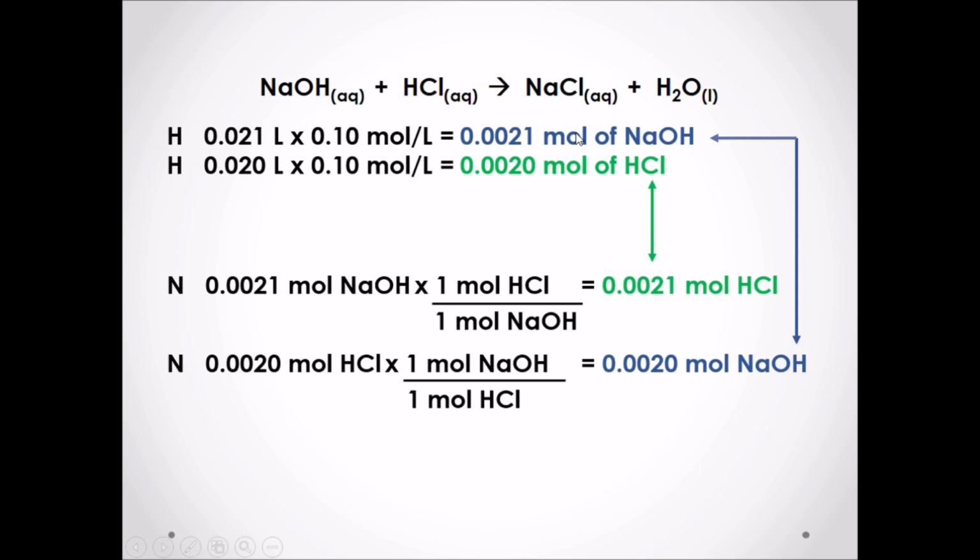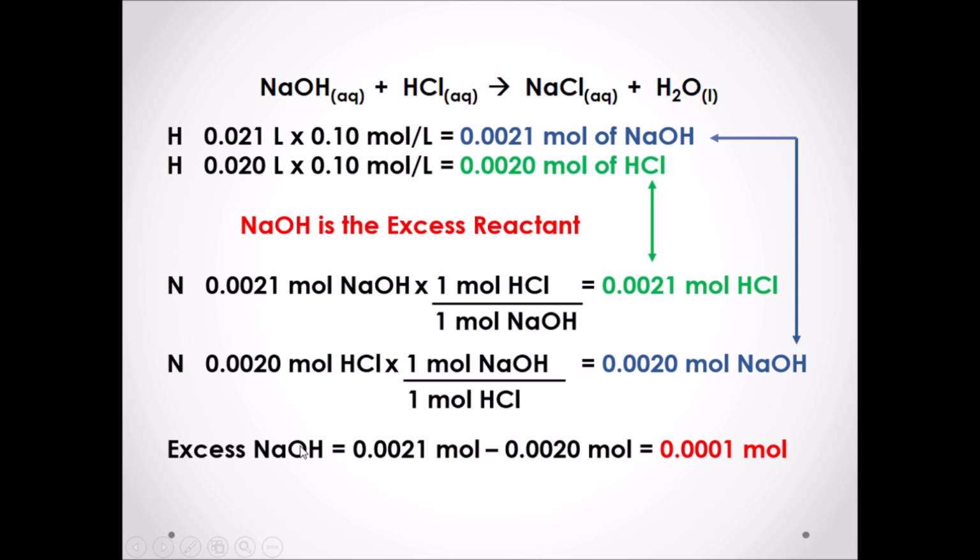Vice versa, we have 0.0021 moles of sodium hydroxide. And if we were to react all of the hydrochloric acid, this is what we would need of sodium hydroxide, 0.0020 moles. We have more than we need, therefore sodium hydroxide is our excess reactant.